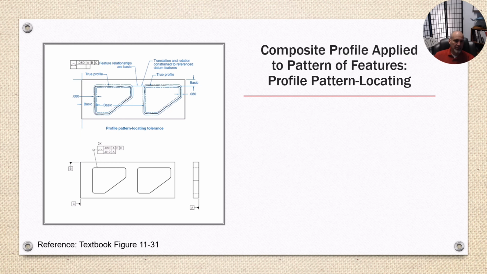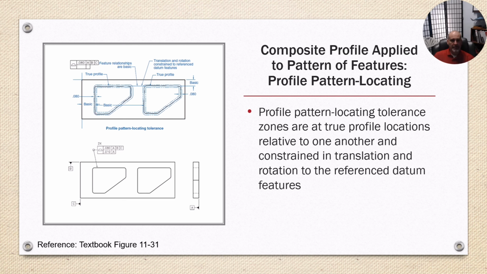Okay, composite profile example applied to a pattern of features, that is profile pattern locating. So in this example, we have profile pattern tolerance zones that are true profile locations relative to one another and constrained in translation and rotation to the reference datum features. So the first frame says, okay, we have two windows here, it's a pattern, both have to fall within this larger tolerance of each other.